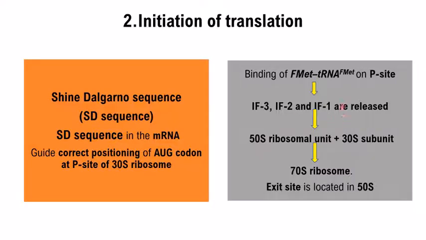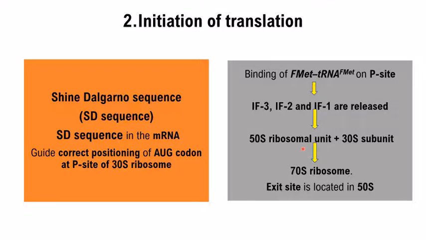Once the 30S initiation complex is established by addition of formylmethionine tRNA on the P site, these initiation factors are released. After their release, the larger subunit, the 50S ribosomal subunit, binds to the smaller 30S subunit, forming a 70S initiation complex or a 70S ribosomal complex.